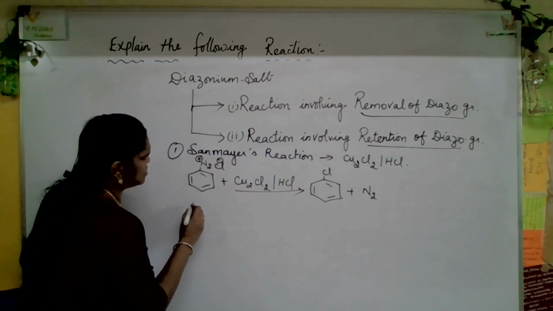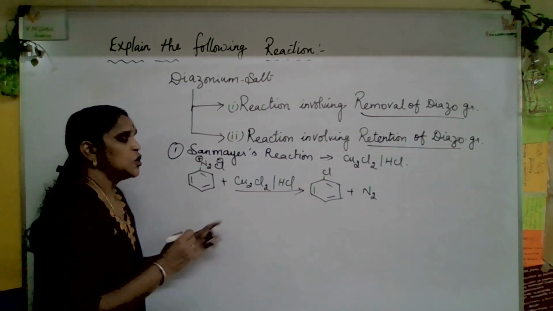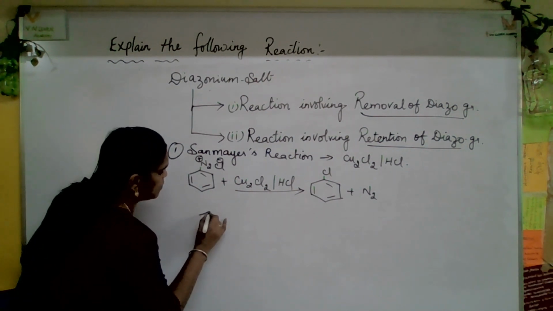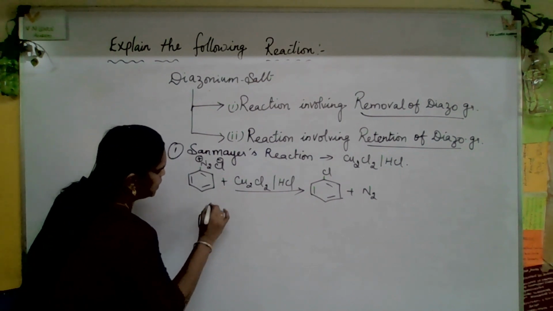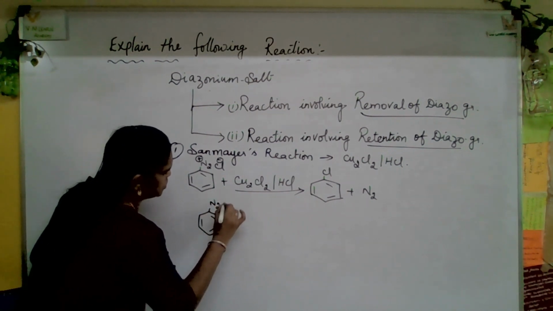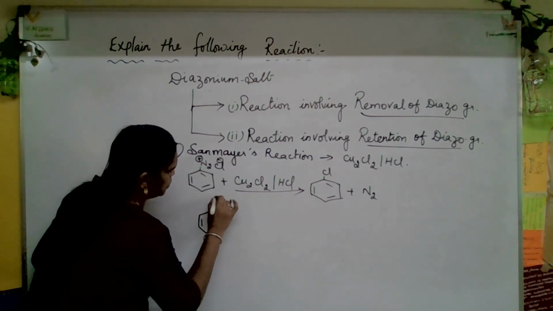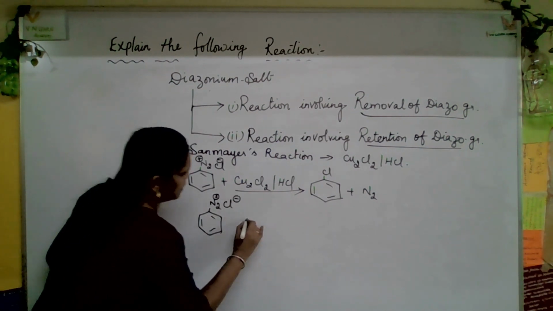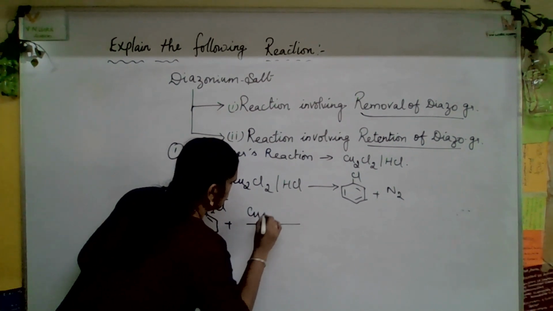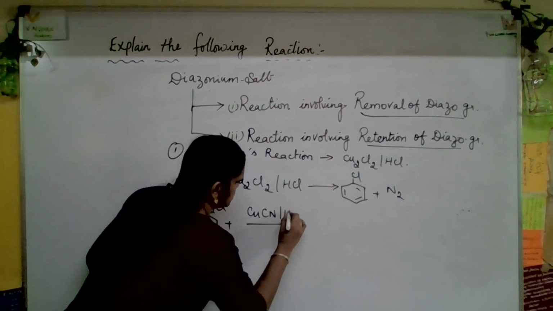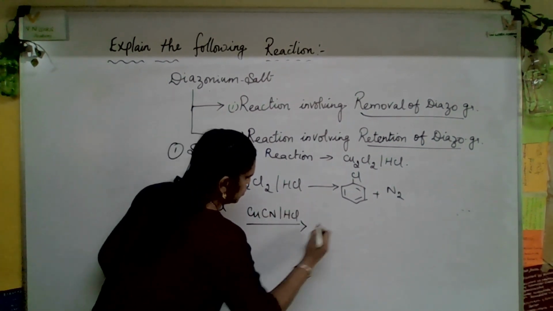One more reaction is also available for Sandmeyer's reaction. Cuprous cyanide will also be available. Okay, cuprous cyanide. Here the diazo group N2Cl, N2 plus Cl minus. Now here cuprous cyanide CuCN with HCl. Okay, so what will you get?